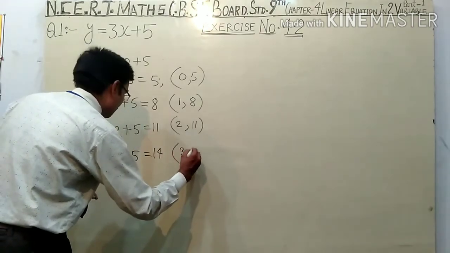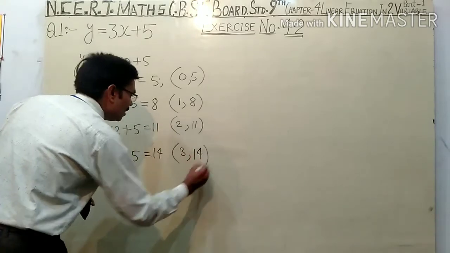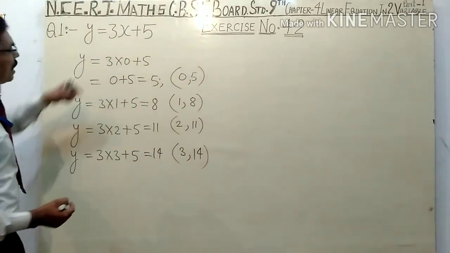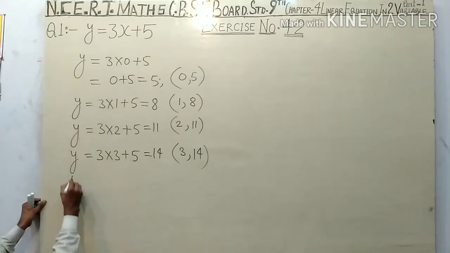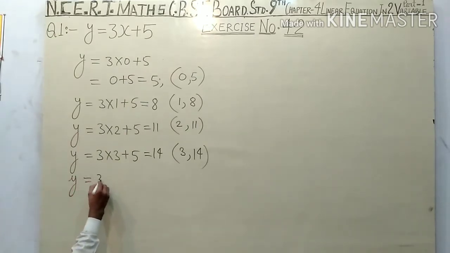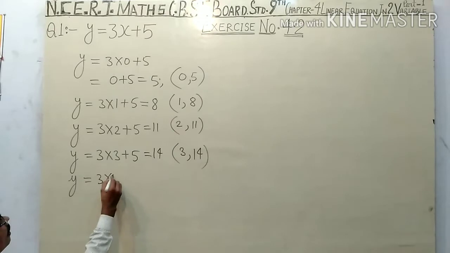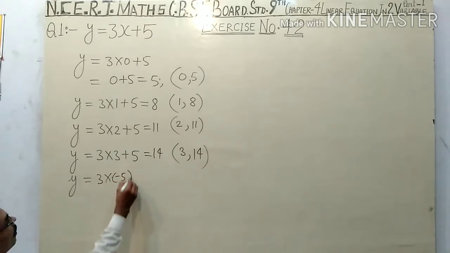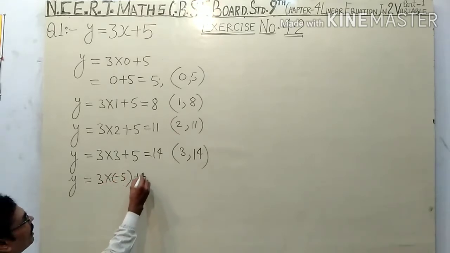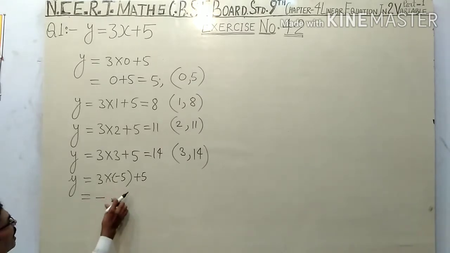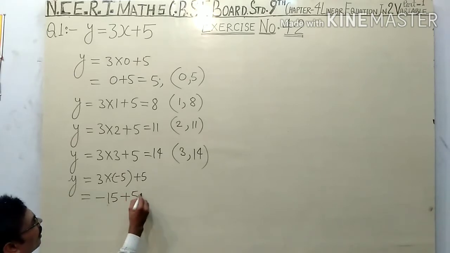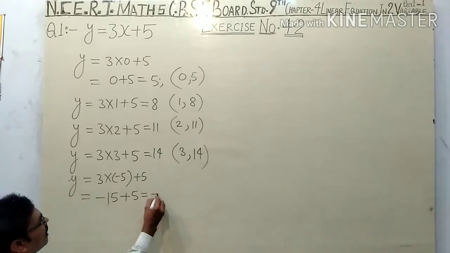Now if we take a negative integer value of x, say minus 5, we have to observe what we will get. Students, 3 fives are 15, minus 15 plus 5 equals minus 10.